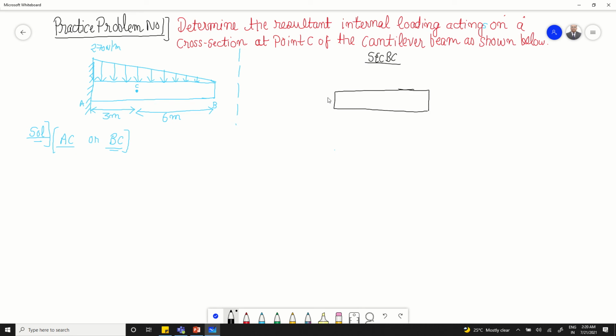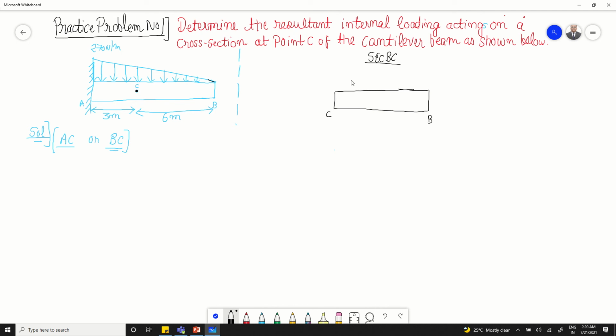This is point C and this is point B. The magnitude of the load is changing and it comes to 0 at point B. So we need to find the magnitude of the uniformly varying triangular load acting at point C.